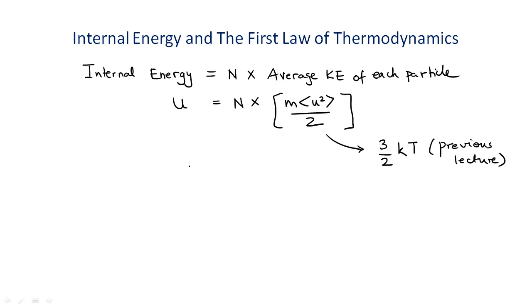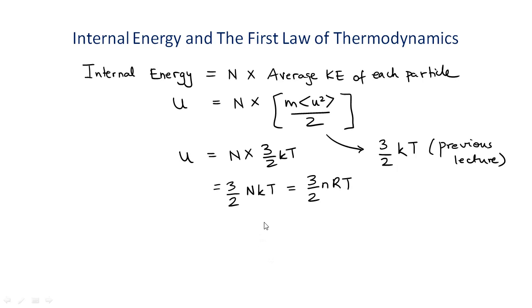So for our system, U is equal to n times 3 over 2 kT. This is 3 over 2 nkT or 3 over 2 nRT.